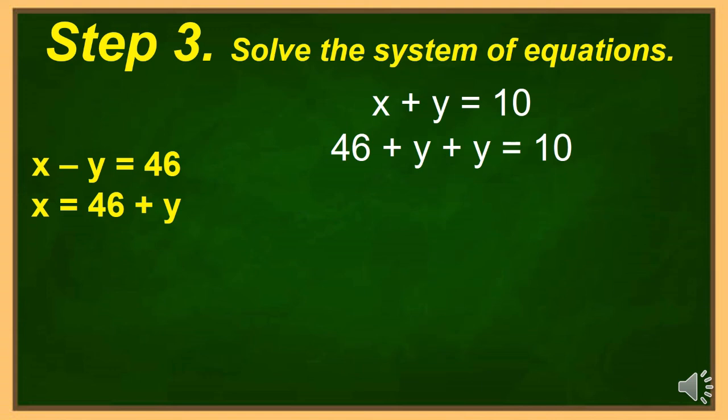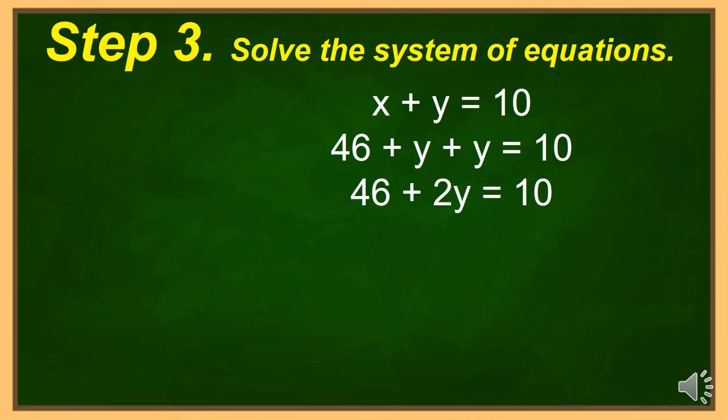Next is combine like terms by adding. We now have 46 plus y plus y will give a sum of 2y. So we have 2y and then copy the equality sign and the constant 10.